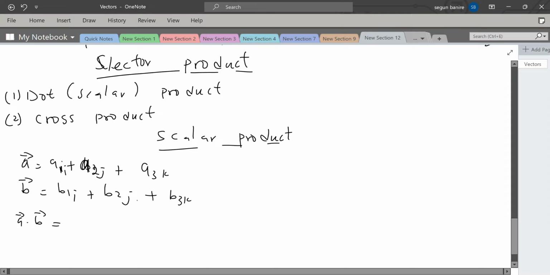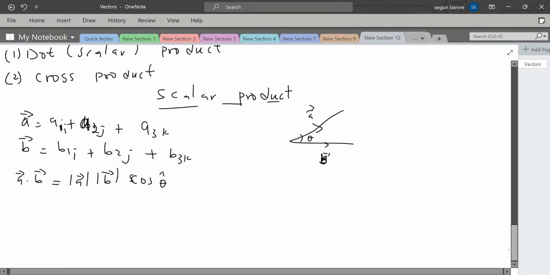That is what we call the scalar product. It is equal to the magnitude of A times the magnitude of B times cos of the angle between the two. So this is vector A, this is vector B, and there is an angle in between them. This is the formula for dot product.